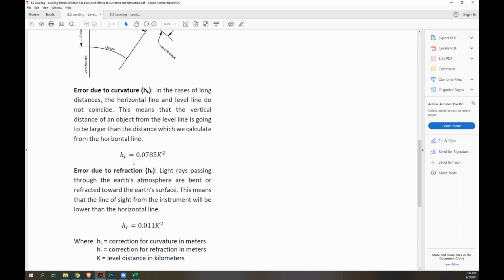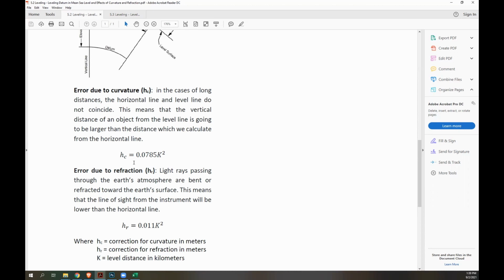Next, our error due to refraction, that's your H sub R. Light rays passing through the Earth's atmosphere are bent or refracted towards the Earth's surface. This means that the line of sight from the instrument will be lower than the horizontal line. The correction for that is 0.011 k squared. So H sub C is the correction due to curvature in meters, H sub R is the correction due to refraction in meters, and k is the level distance in kilometers.